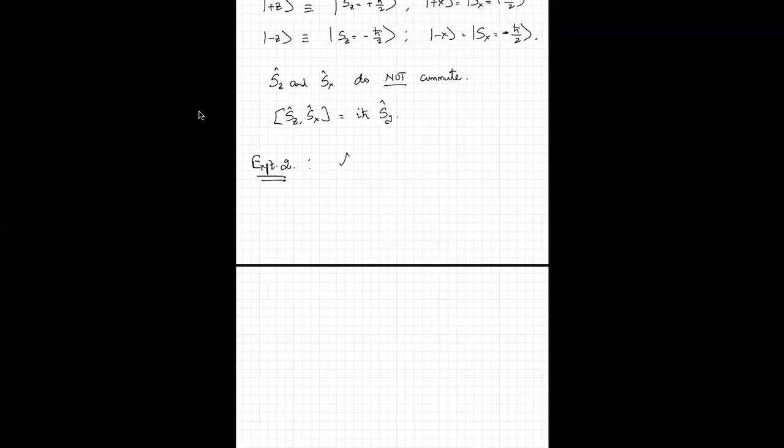Now I have measured Sz and I've gotten plus h bar over 2, which means the state of the system is Sz equal to plus h bar over 2, which is what we have called plus z. This is the state immediately prior to the second measurement.